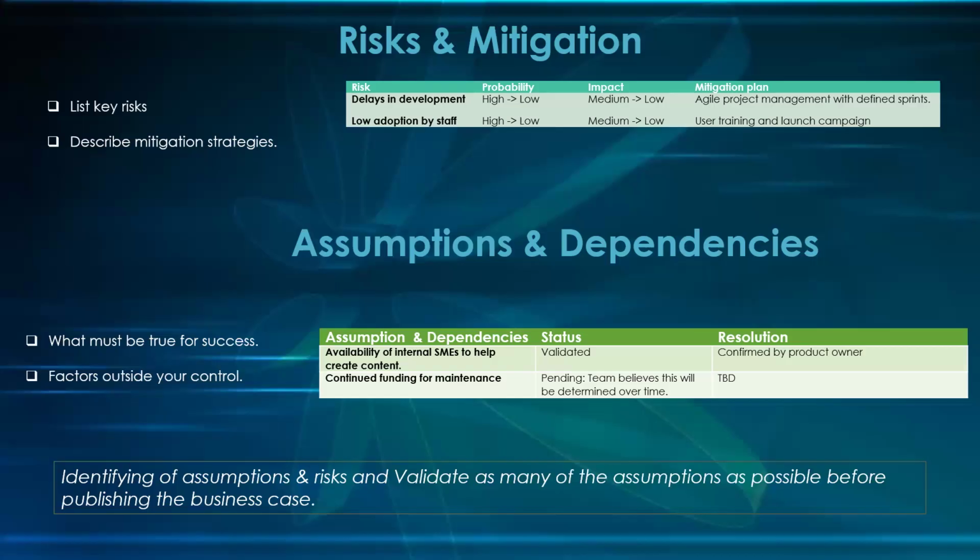Or let's say a particular team member falls sick, you know that there's likely going to be a delay, especially if it's a developer. So you want to identify it and put a plan in place.